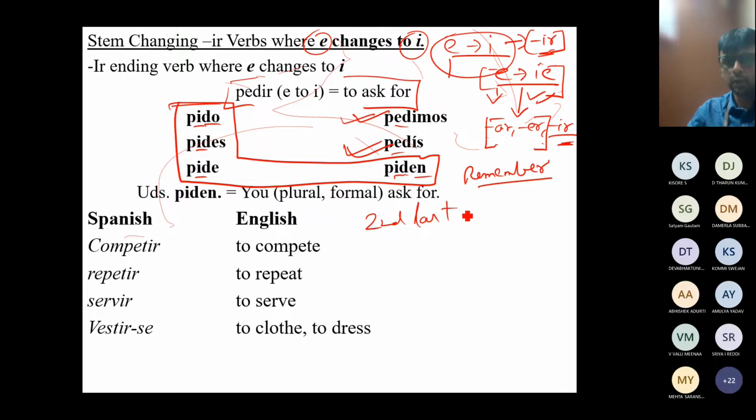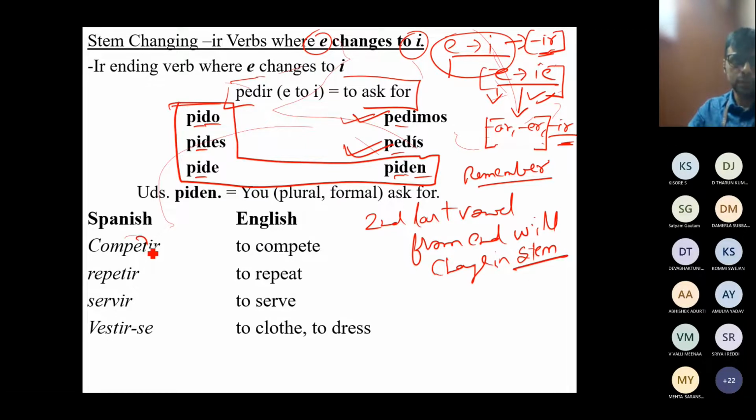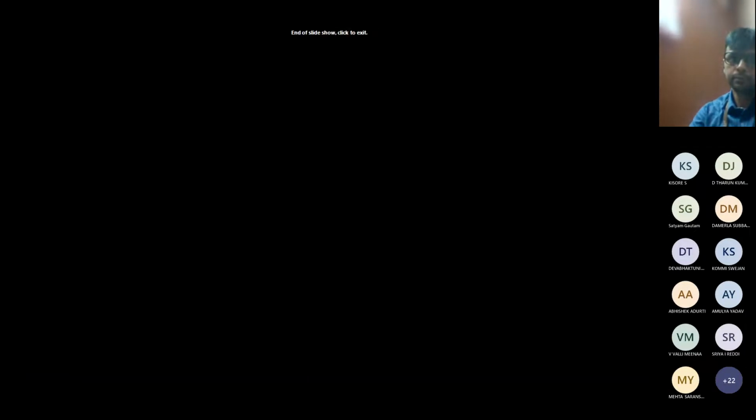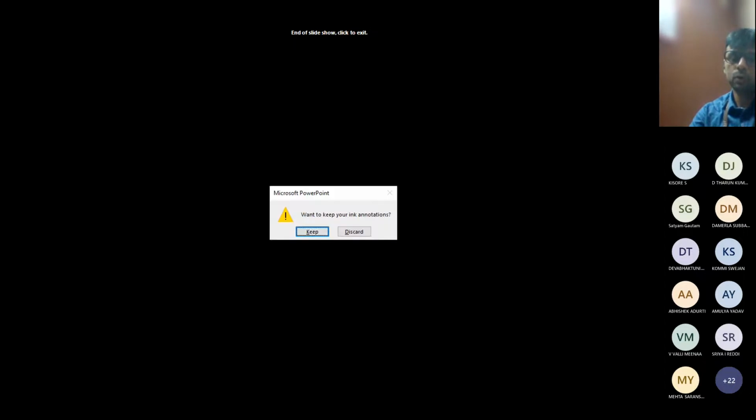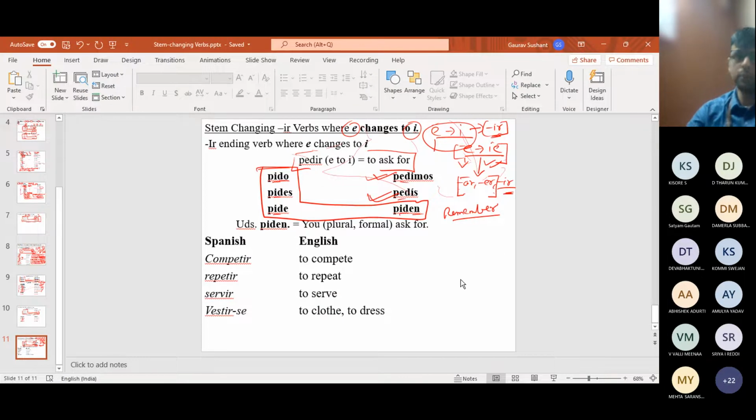The second last vowel from the end will change in the stem. Okay, so second last, this one, this one, this one, and this one. All these will change in the conjugation. This was about the conjugation of the verbs.